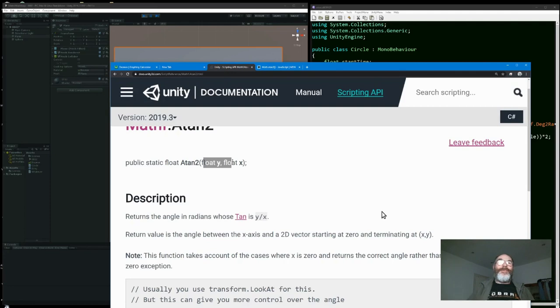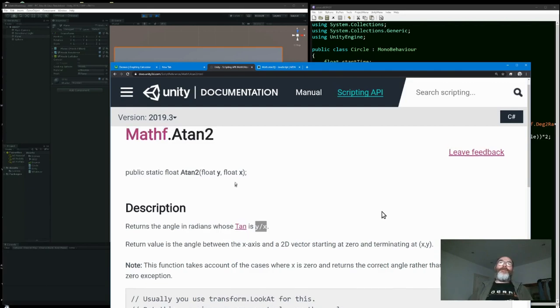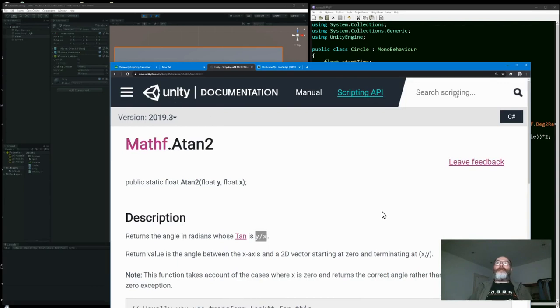The reason is that it is the way the tan function works, because there is just the tan function itself. There's Atan2, which works for the whole circle, but the tan function only works part of the circle.